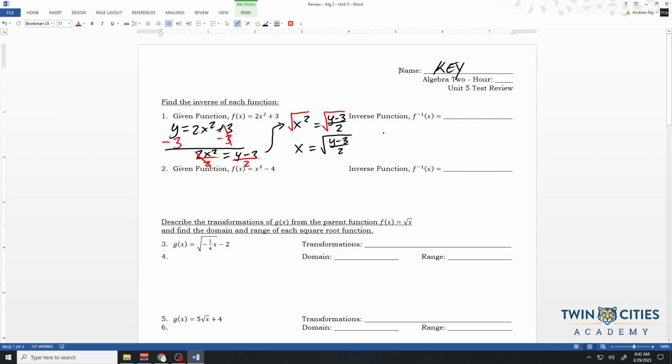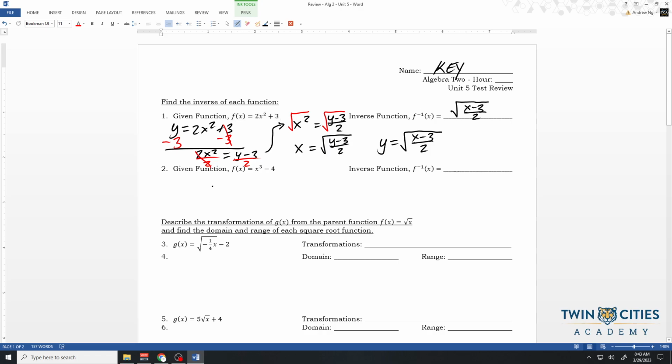So this is now going to be y equals the square root of x minus 3 over 2. And this is your inverse. So all we need to do for that last part is swap y to f inverse of x to show that, yes, this is the inverse of what I started out with, f.